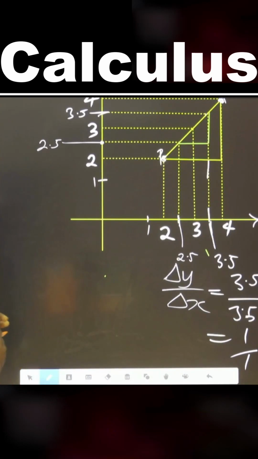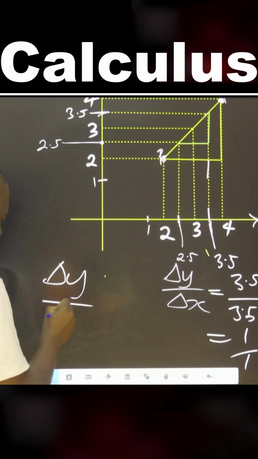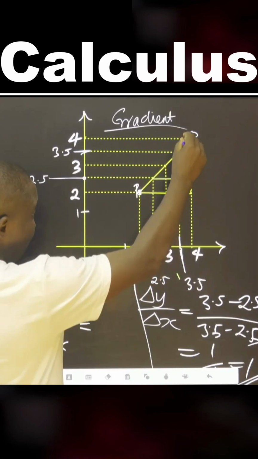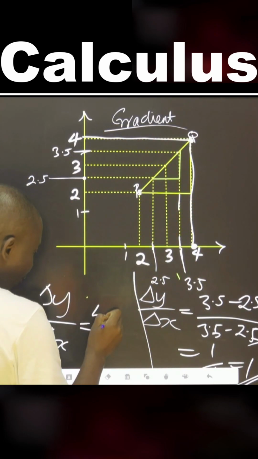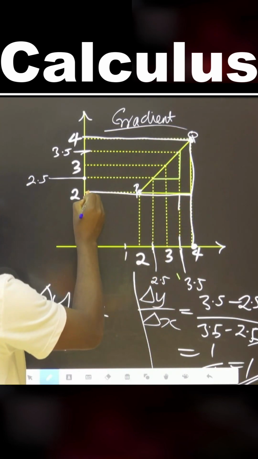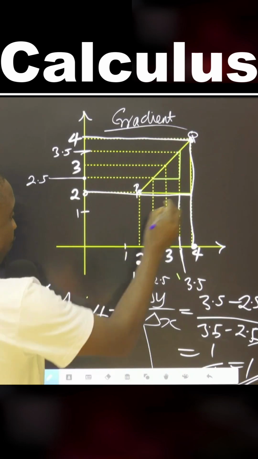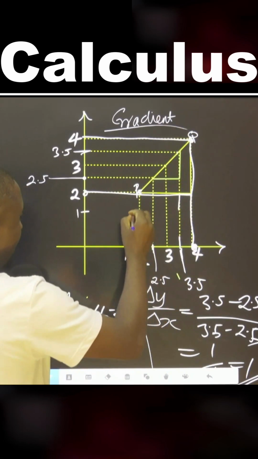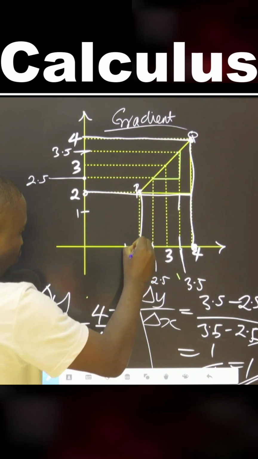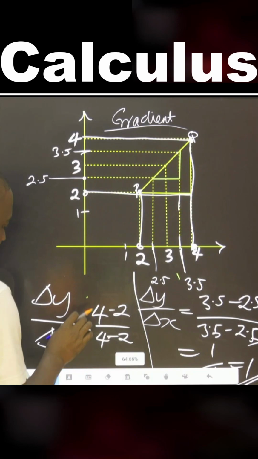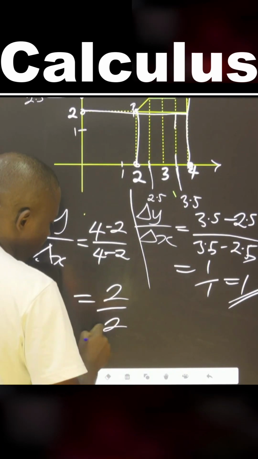The gradient is change in y over change in x, which is equal to, this is Q. For y it is 4 minus 2. For x it is 4 minus 2, because this is 2. This is 4. Again, this is now 2 over 2, which is 1.